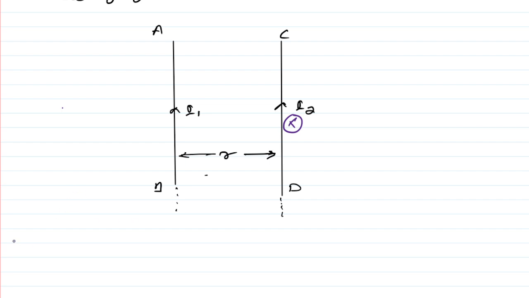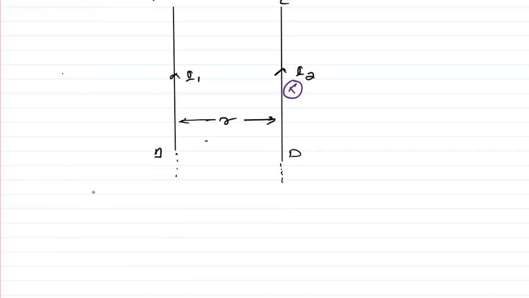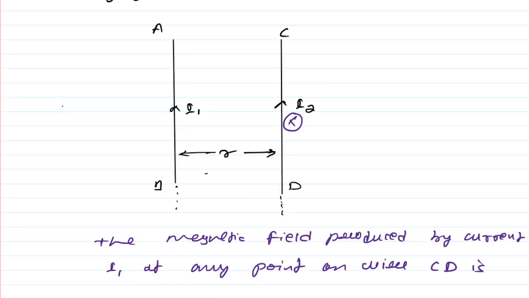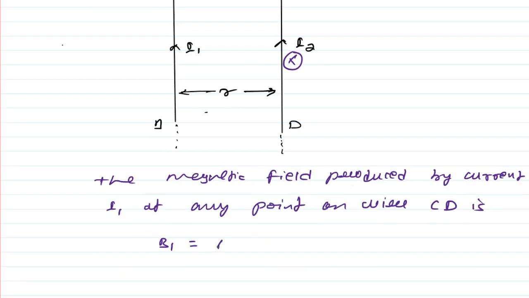So the magnetic field produced by current I1 at any point on wire CD is given by B1 equal to mu naught into I1 upon 2 pi r.